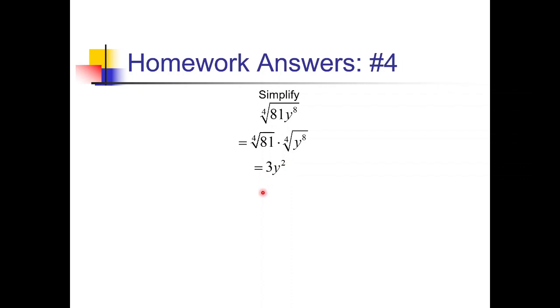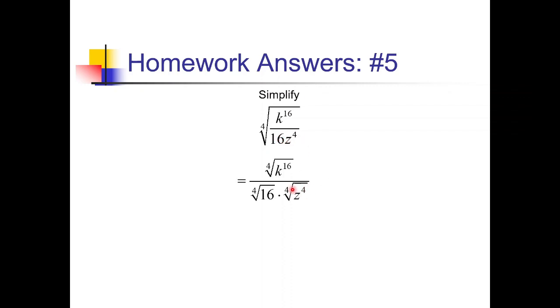For this problem, I'm trying to take the 4th root of all this craziness here, so I'm going to split this up. I'm going to have the 4th root of my numerator, k to the 16th, divided by, and I'm going to split up my denominator actually into 4th root of 16 and 4th root of z to the 4th. So I'm doing all of these individually. 4th root of k to the 16th, I'm just doing k to the 16 divided by 4, so that's k to the 4th.